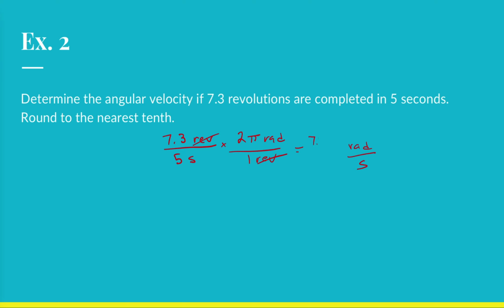So that's 7.3 times 2 pi over 5, which is 9.2 radians per second. That was a 5, not an S.